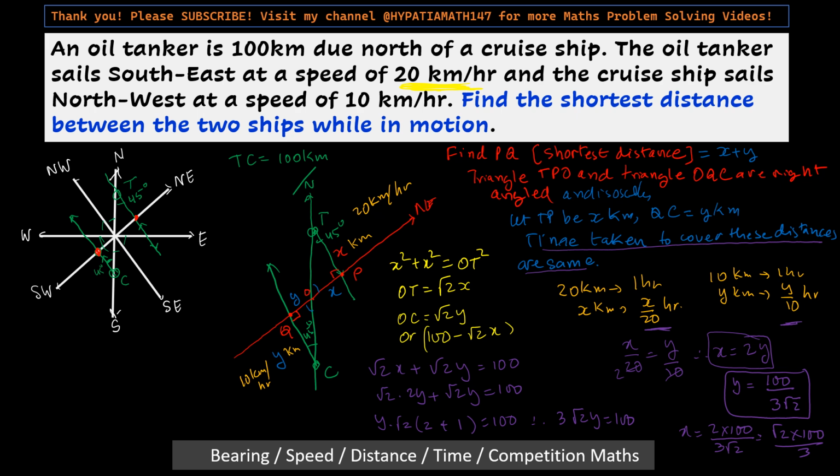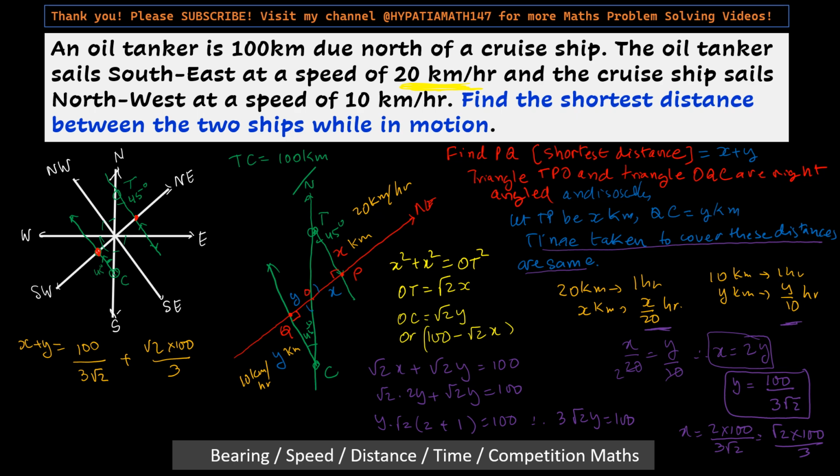So x plus y would equal 100 divided by 3 root 2, and then plus root 2 times 100 out of 3.